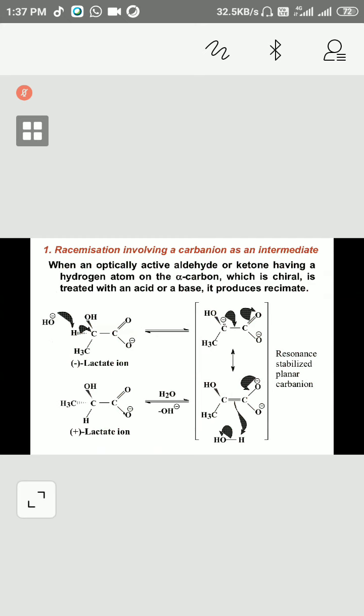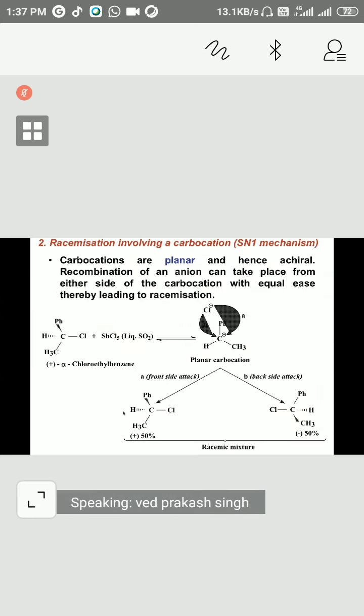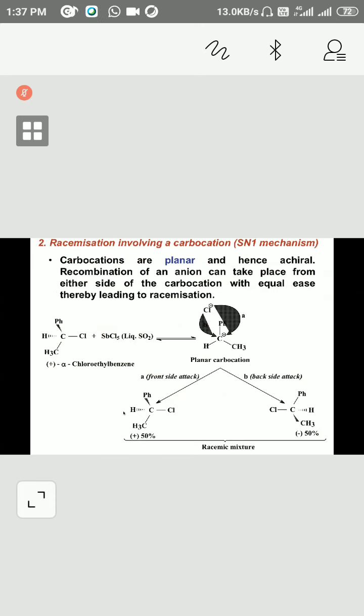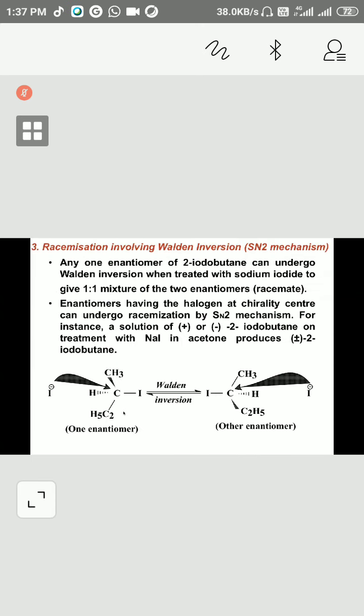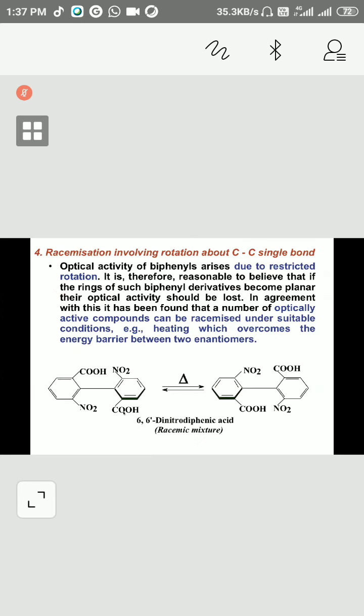You can see here minus lactic acid, plus lactic acid, so this can convert this way. We are not going to discuss this in detail because these terms are not in your syllabus, so I'm only giving a brief idea about it. You know here this is an SN2 reaction. This is a racemic mixture. Racemization involves rotation of the C-C bond as we discussed.